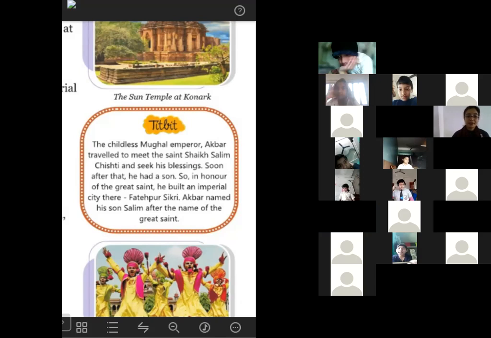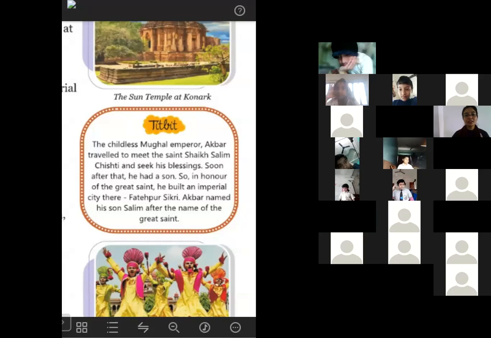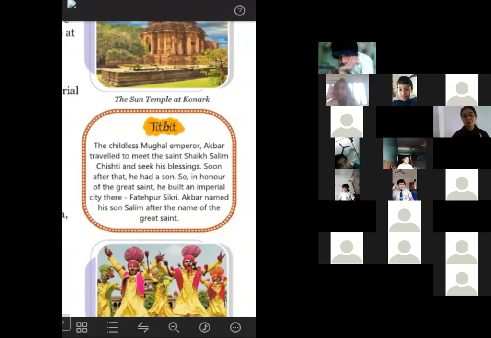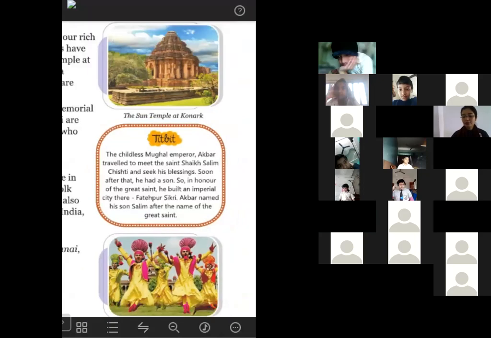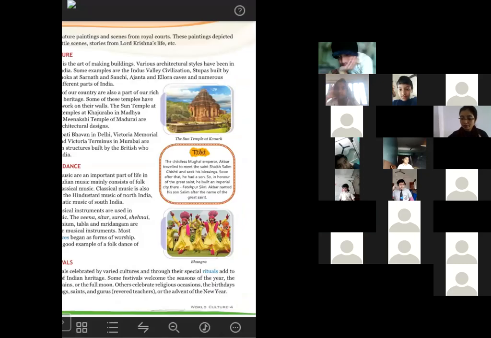And the name of that place he kept as Fatehpur Sikri. Okay? So this is also one extra piece of information that is given in your tidbit section. So you should not skip this tidbit section, as questions may come from these sections also. And never forget to read the action replay part that is given at the end of each chapter. Okay?